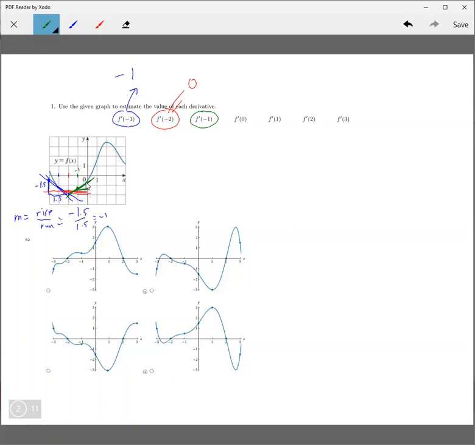It went up by maybe, I don't know, maybe a half. Yeah, maybe a half from there to there. It went up by half as we go from here to here, and it went across by 1. So we can try 1/2 for that one.